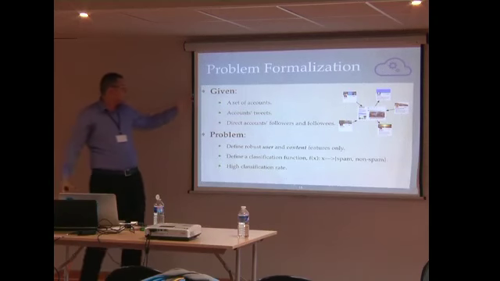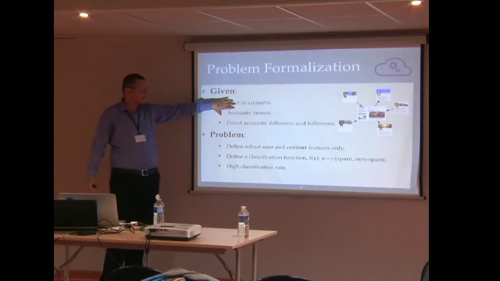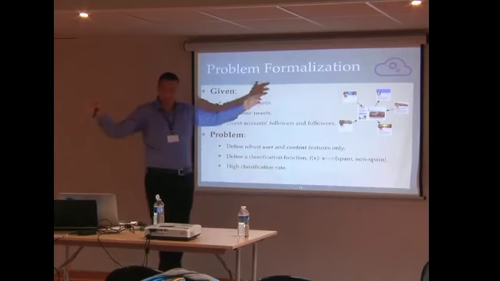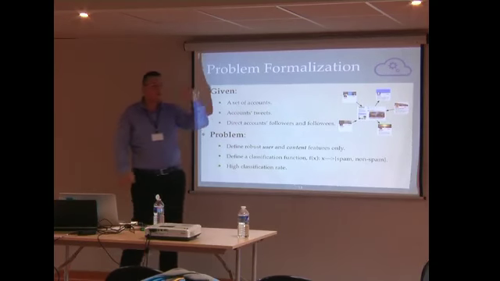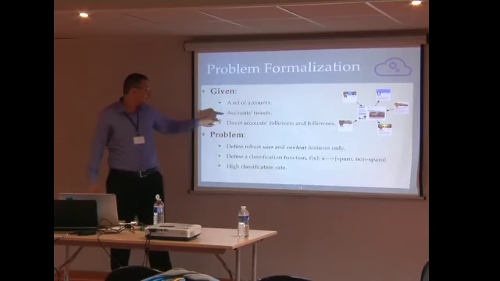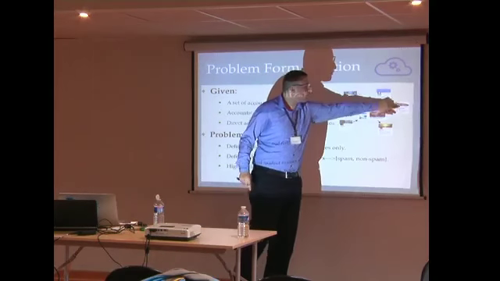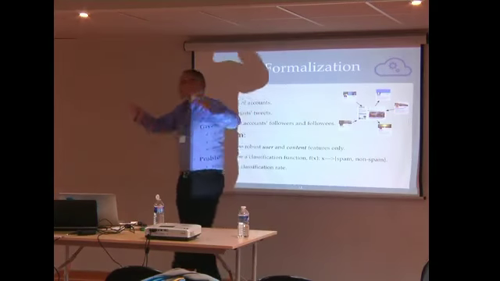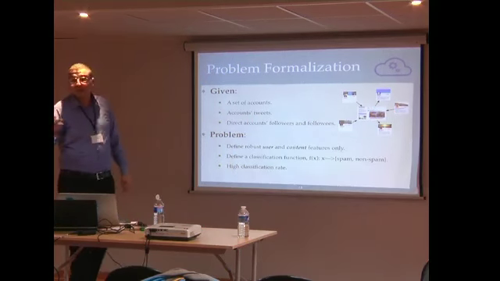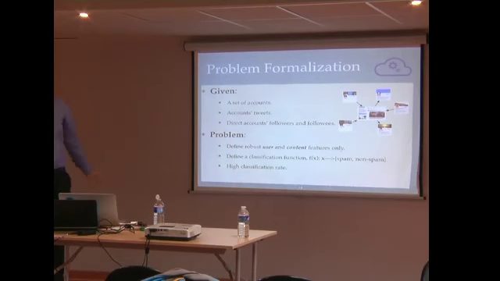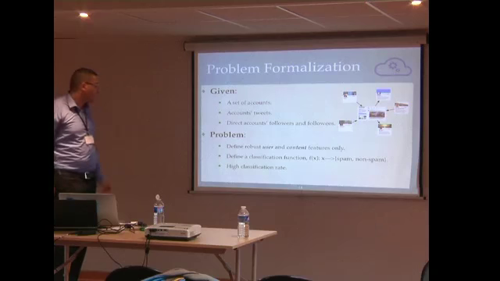So our problem: we are given a set of accounts, and for each account we have the tweets and also the direct followers and followees, not the followers of the followees and so on, because the graph of Twitter is too large, so it cannot be retrieved.